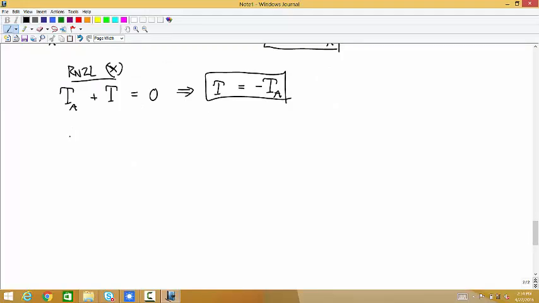And then cut 2 is valid for x's between 0.25 and 1.